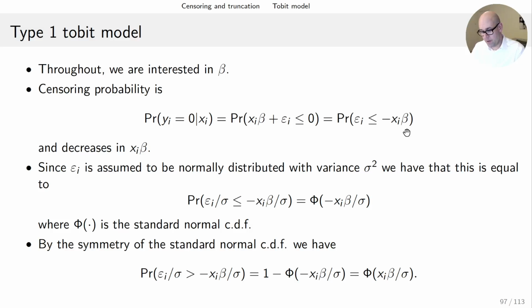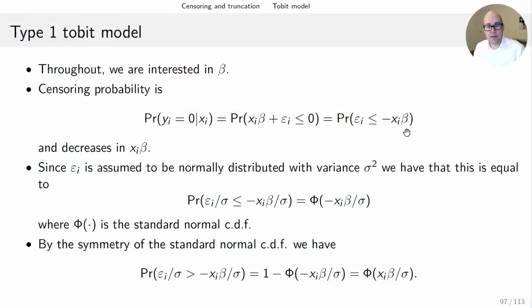The intuition is that when I have a very high value of xi beta, then I need a very, very negative draw of epsilon so that the sum of the two will be pushed below 0 so that censoring occurs. So this is behind the statement that it is decreasing in xi beta.